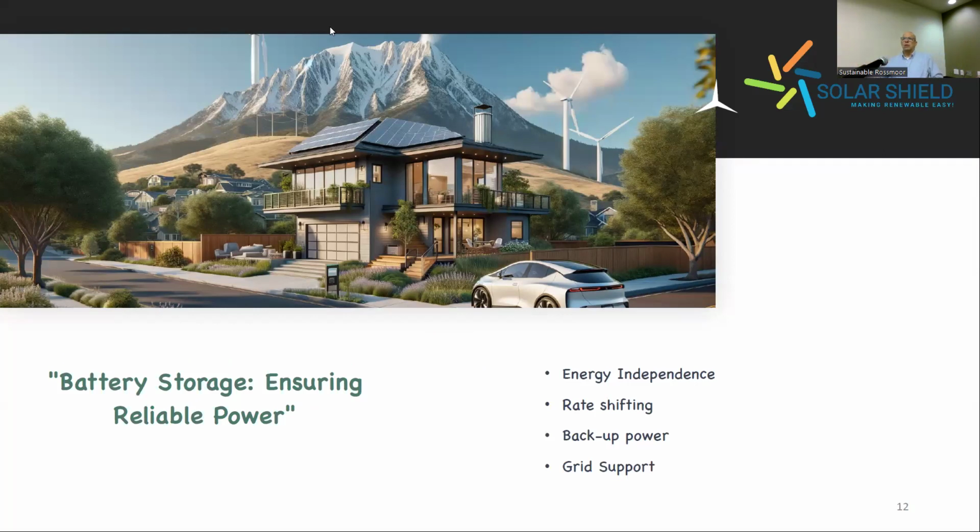Talk about batteries for a second. On April 13th, 2023, last year, a big cliff of solar, and the CPUC transitions us from what was then called Net Energy Metering 2 into Net Energy Metering 3, which is now being transitioned to a new name called Net Billing.